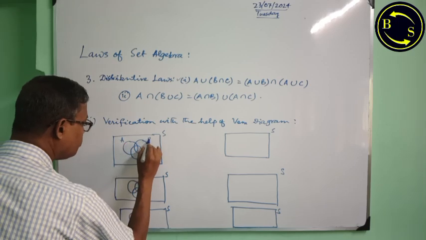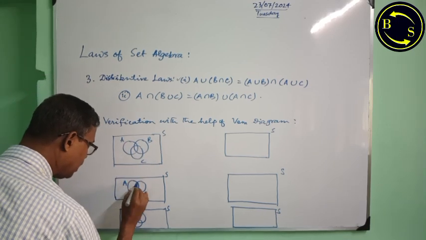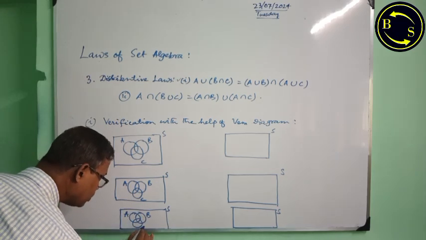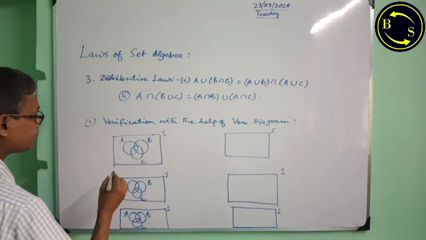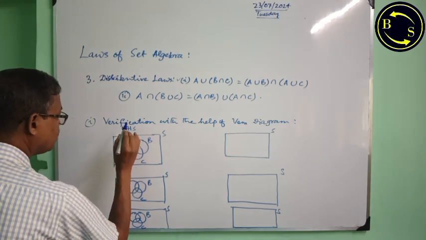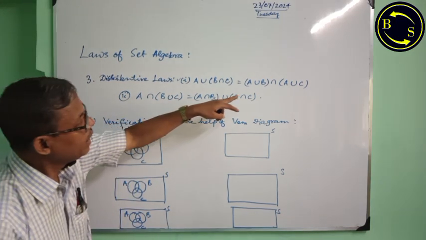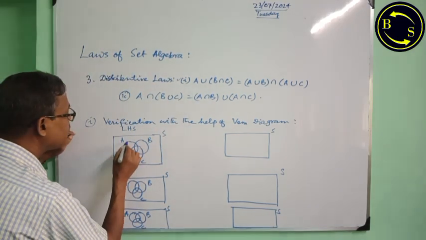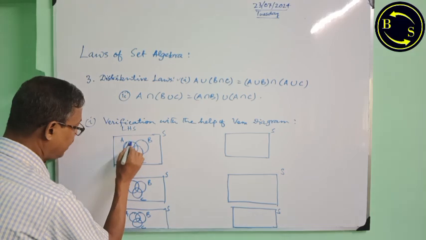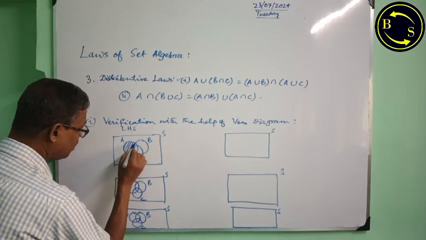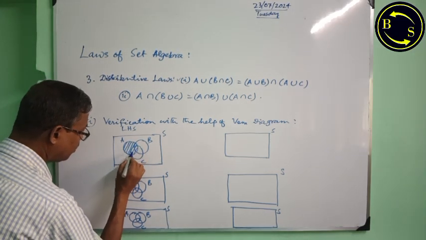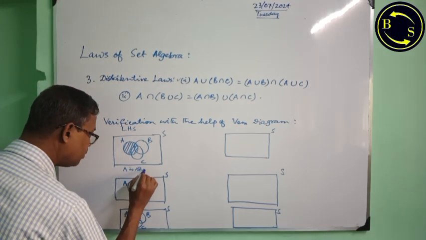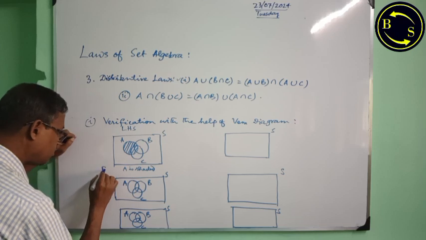A, B, C, A, B, C, A, B, C. A union B intersection C. First we set the set A is shaded. This is figure 1.